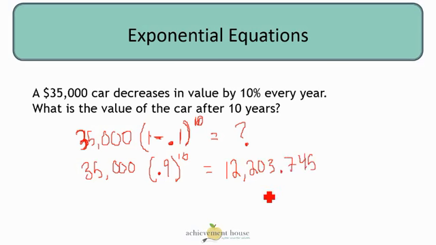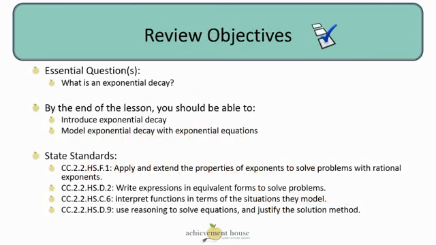I'm going to round that up because I can't have part of a penny. So after 10 years, a $35,000 car, if the value decreases 10% every year, the value of the car would only be $12,203.75. So that's exponential decay.